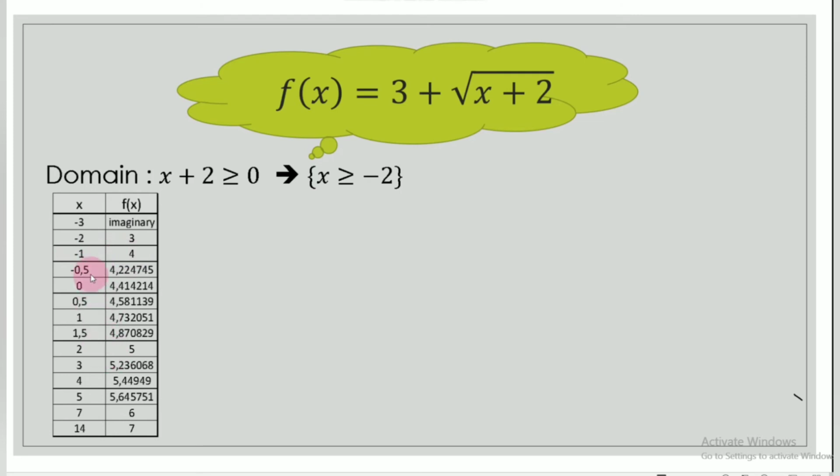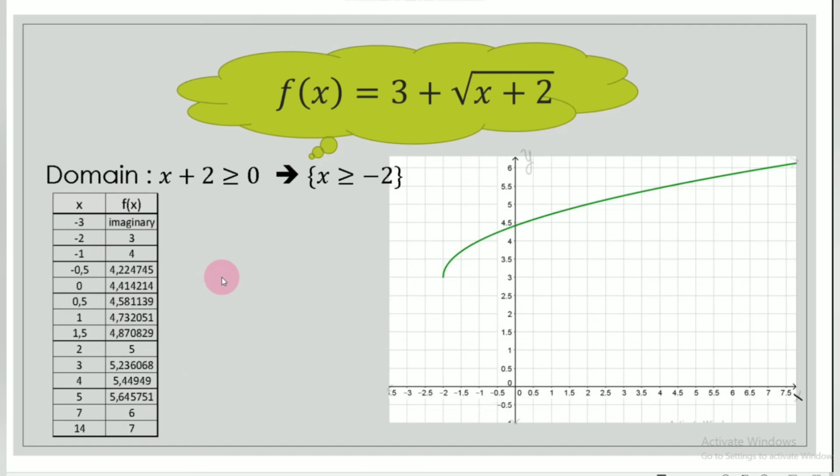If I give you any number greater than -2, I can have real values of my y. And you can see it's increasing, right? Increasing until positive infinity. So let us plot it using the graphing software. We can see that it begins here. This is the starting point at (-2, 3).